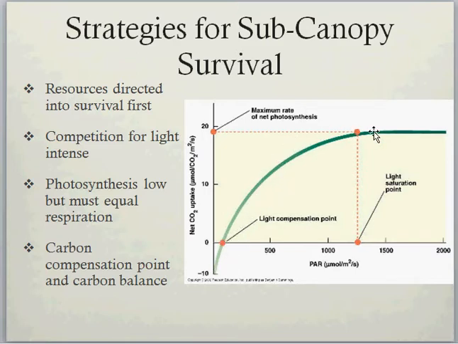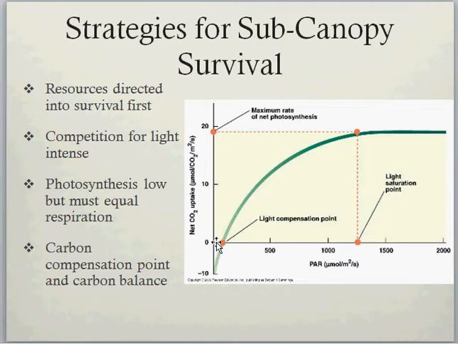So that means the light compensation point will be, is it steep? Yeah, it's a steep angle of increase. So the light compensation point will be much lower than, say, a plant which is more adapted to open sun conditions, where the light compensation point may be much higher.